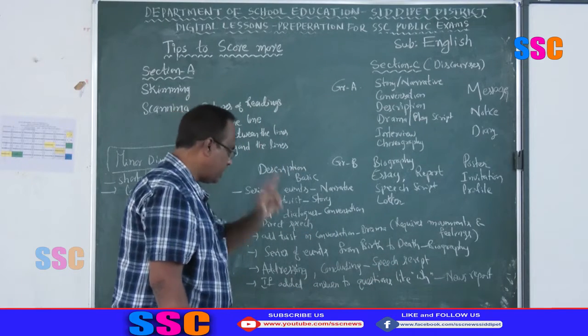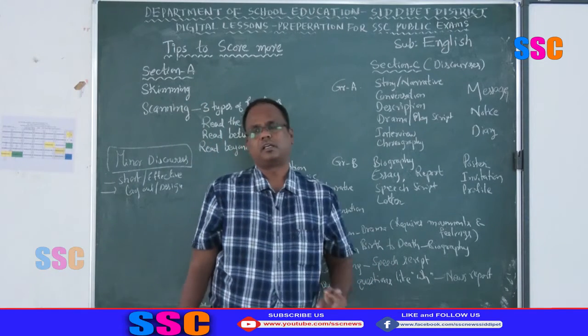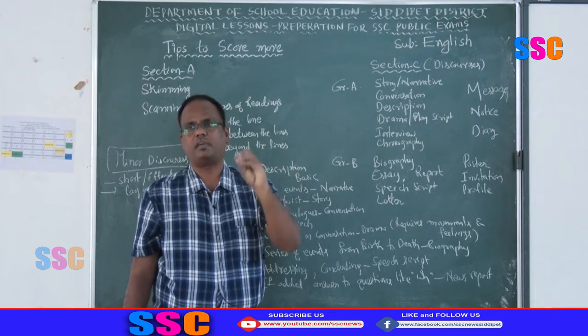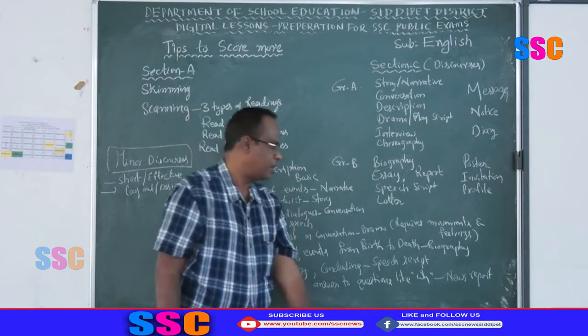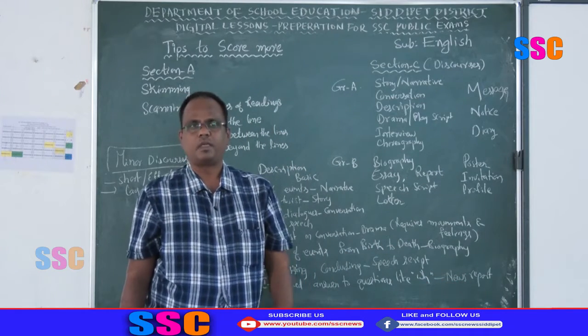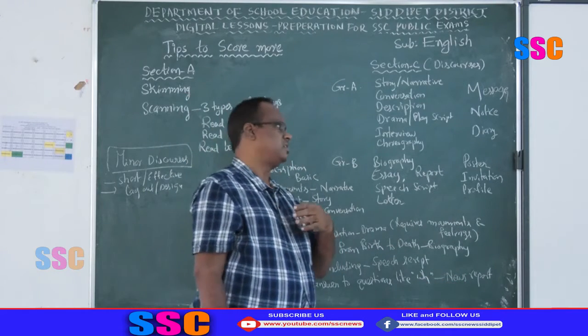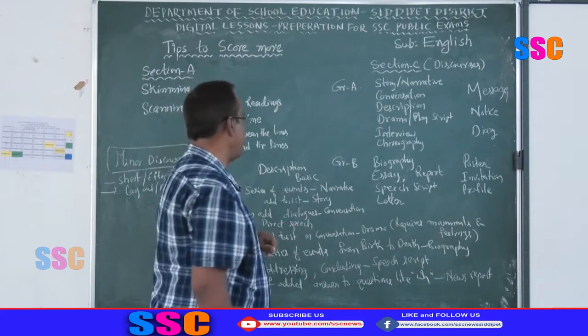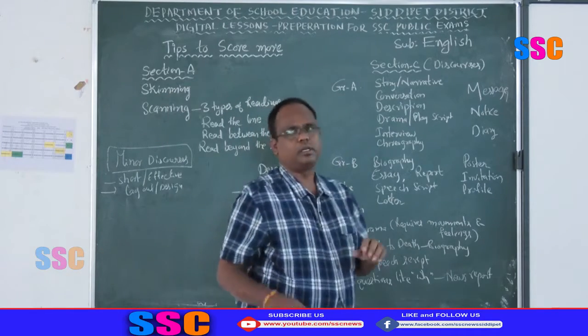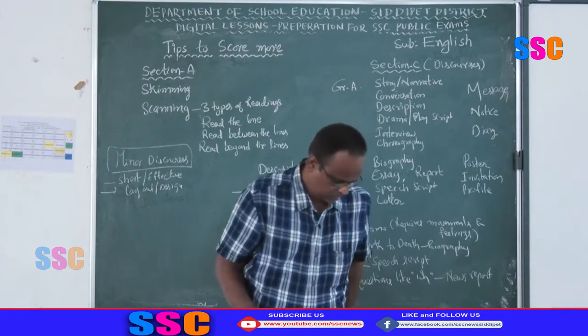And if to this script you add answers to WH questions like what, where, why, when and how, that becomes the news report. Now, this I can discuss in detail a little bit after this session. Right. Now, coming to the minor discourses.